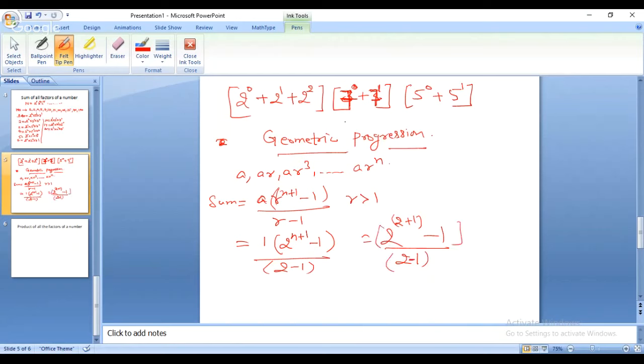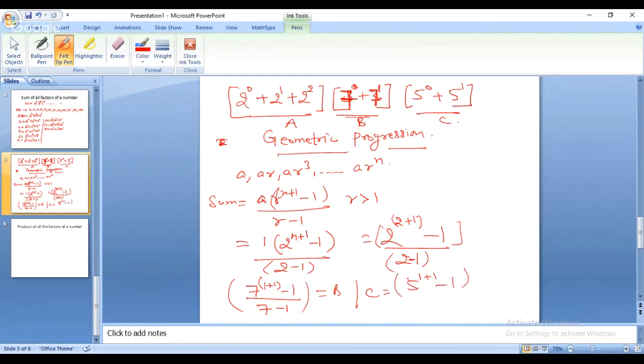Now for 7: 7 to the power 1 plus 1 minus 1 upon 7 minus 1 is the answer for this part. Let's take A part, B part, and C part. For the C part, we will write 5 to the power 1 plus 1 minus 1 upon 5 minus 1. This is all.